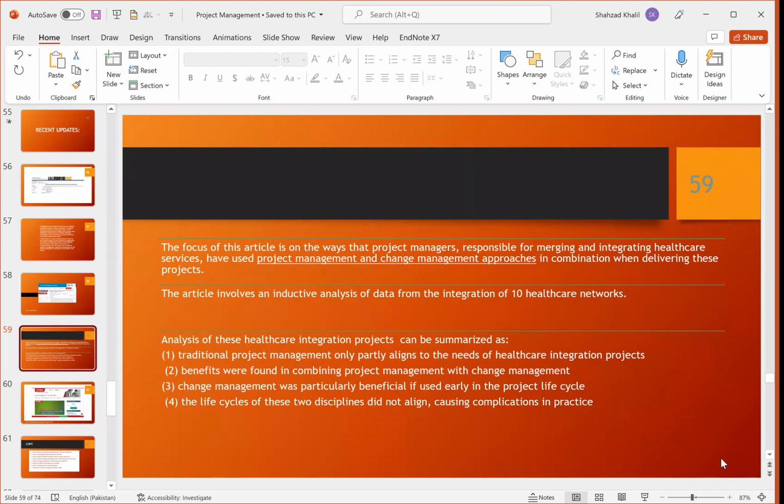The article involves an inductive analysis of data from the integration of healthcare workers, and the analysis is summarized as: traditional project management only partly aligns to the needs of healthcare integration projects. Benefits were found in combining project management with change management. Change management was particularly beneficial if used early in the project life cycle. And the life cycles of these two disciplines did not align, causing complications in practice.